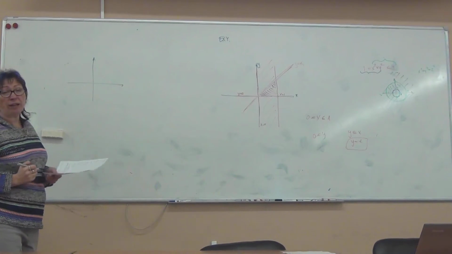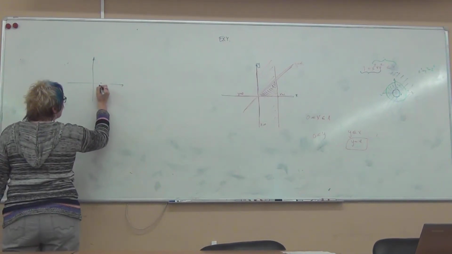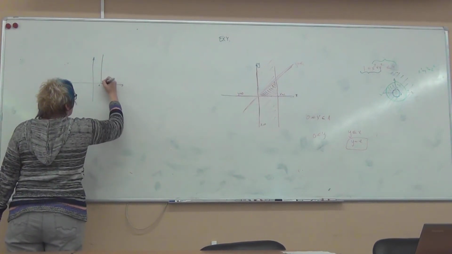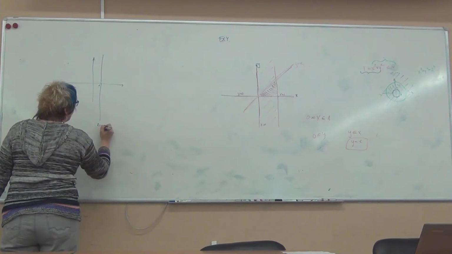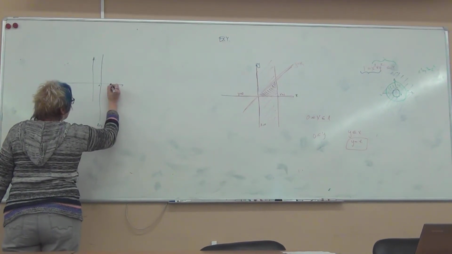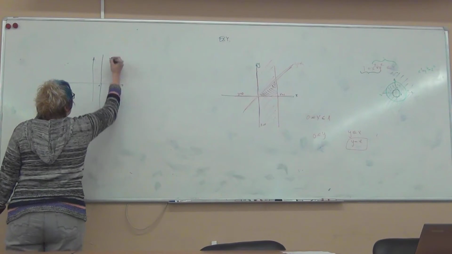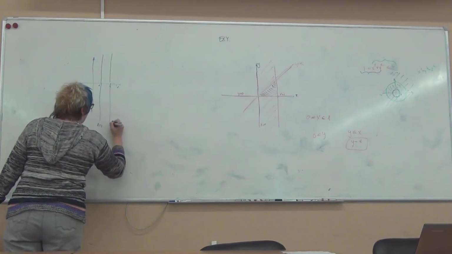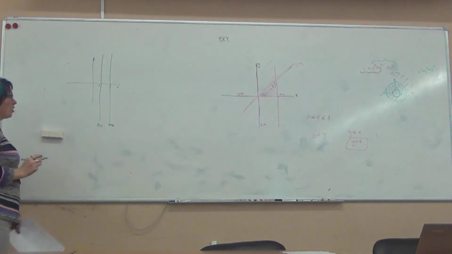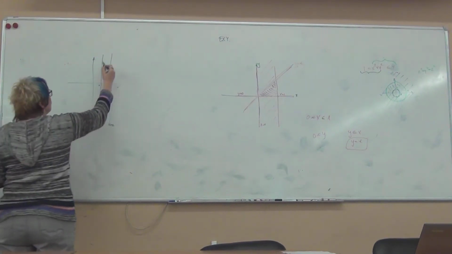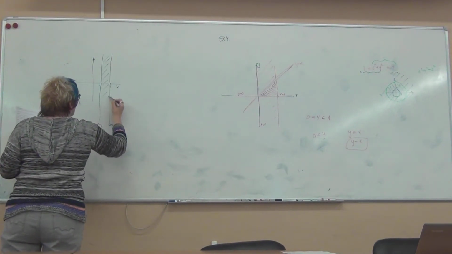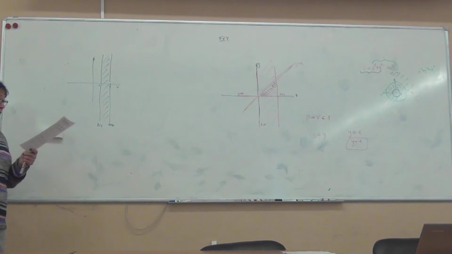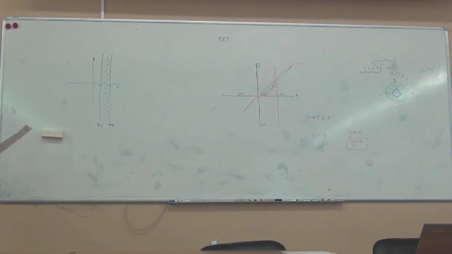So number 3. X is between 1 and 2. If x is 1, it's this vertical line. X is 2, this vertical line. So x is between 1 and 2. All the points between these two lines correspond to the first inequality. Now the second, y is less than or equal to x.